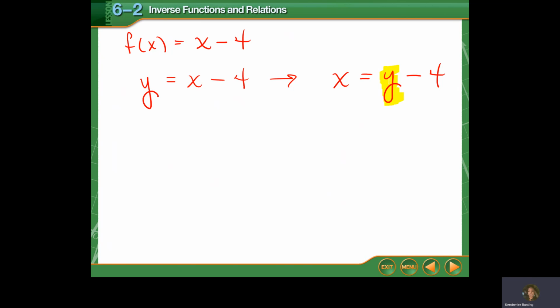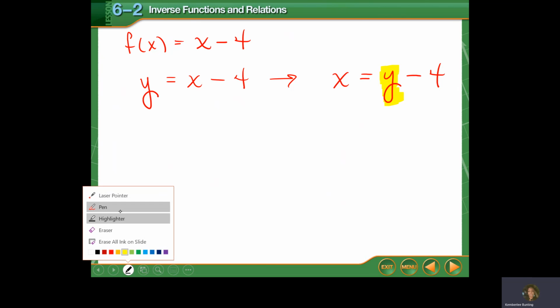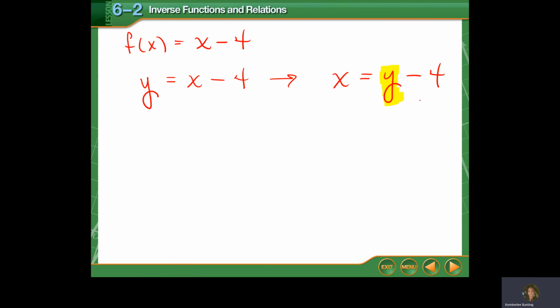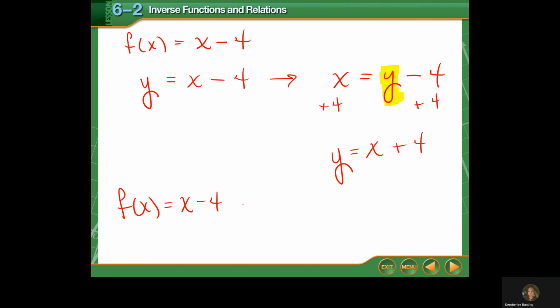Get y by itself. In this case, how do I get y by itself? I'm going to add 4 to both sides. Okay, cool. And I get that y equals x plus 4. So young people, we started off with f(x) being equal to x minus 4, didn't we?